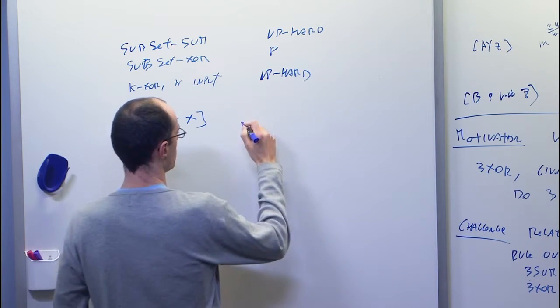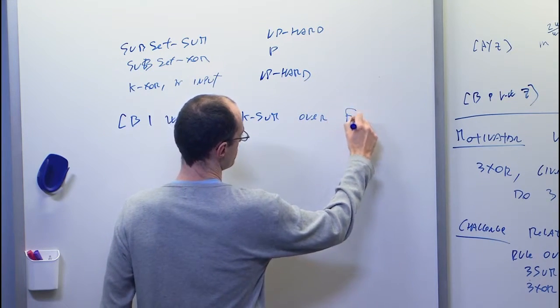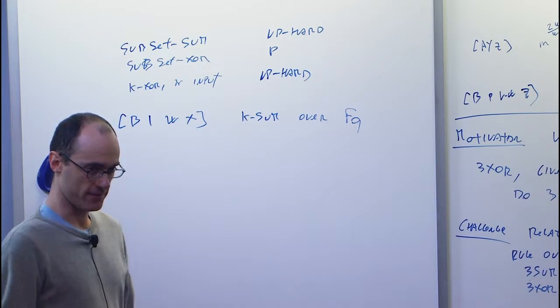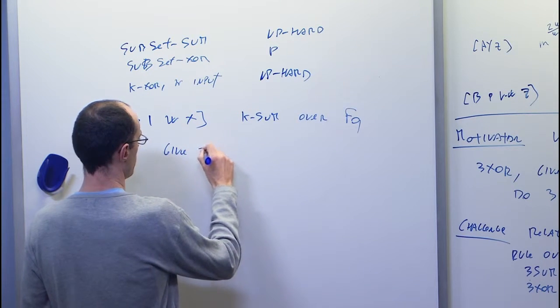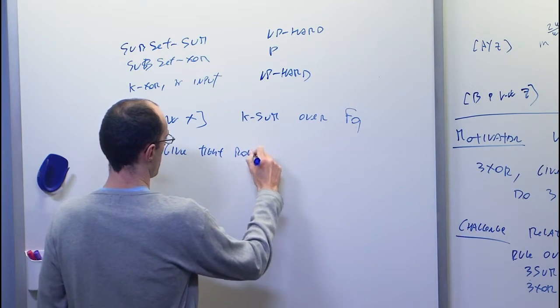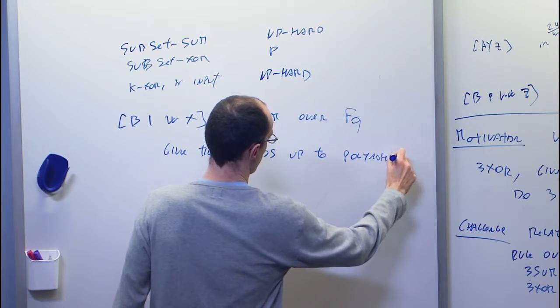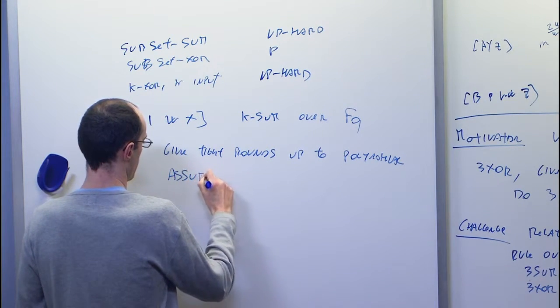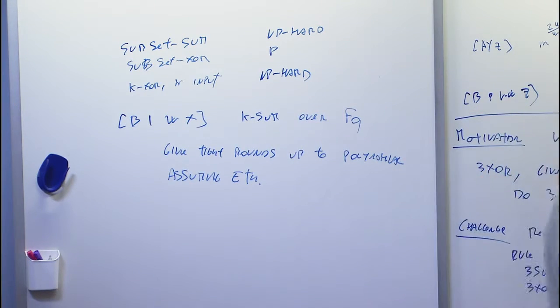They look at the K sum over FQ for arbitrary fields FQ, and they give tight bounds up to polynomial, assuming the exponential time hypothesis. But as far as I know, the result does not say anything for k equals 3.